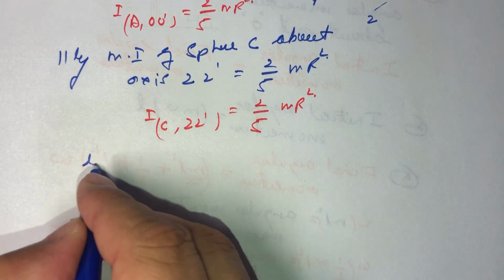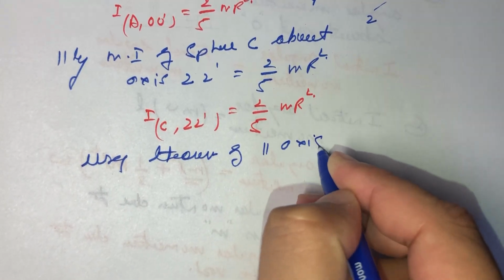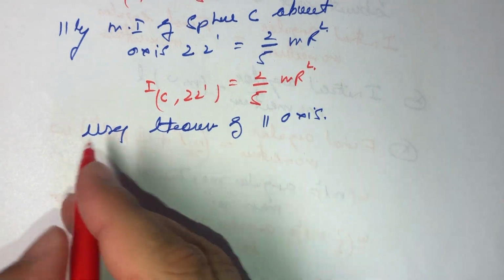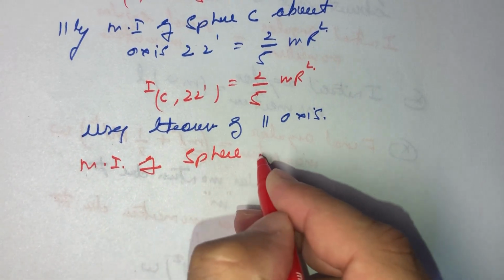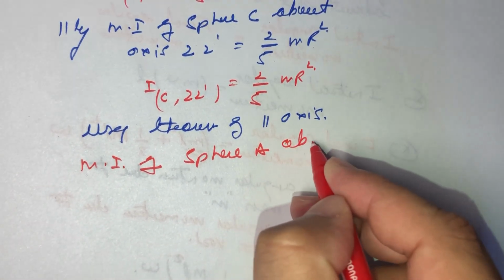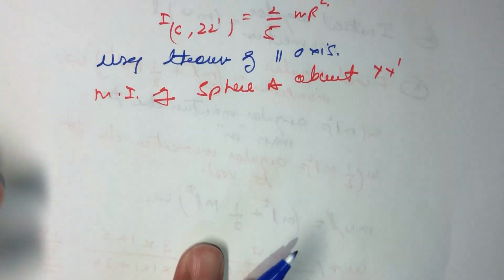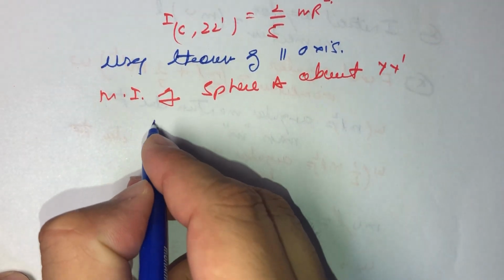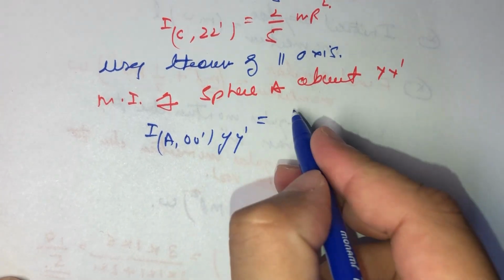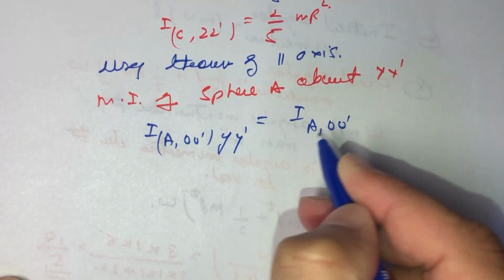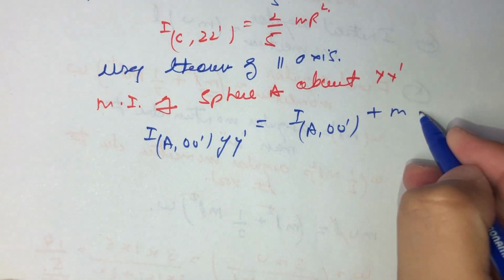So using theorem of parallel axis, moment of inertia of sphere A about y prime will be equal to moment of inertia of A with respect to OO prime axis plus mass and perpendicular distance between the two axes.